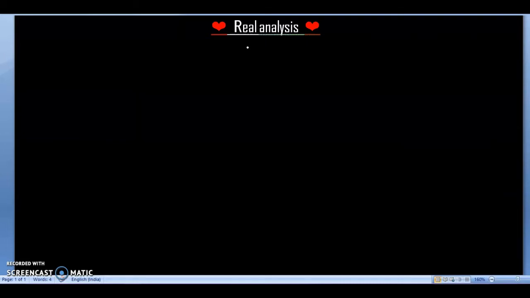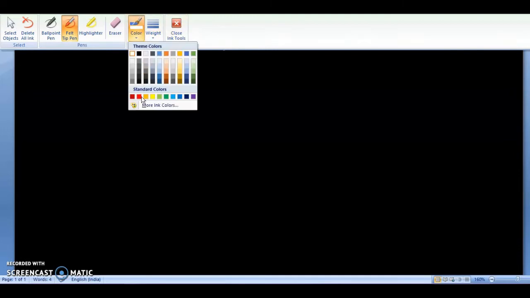Before starting everything we have to know some definitions. So here also we have to know some definitions. First of all, we have to know bounded above.